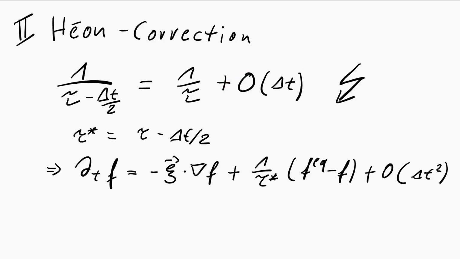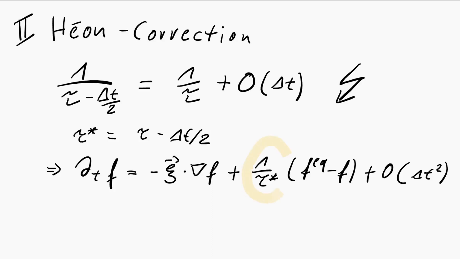So fortunately, in the very beginning of the lattice Boltzmann method, actually before the lattice Boltzmann method, already in the times of the lattice gas method, it was discovered that this error term can be very easily repaired by just saying that we define a new relaxation time tau star as tau minus delta t half.